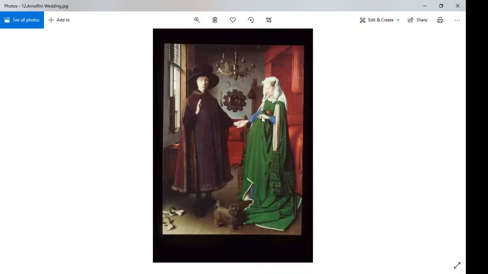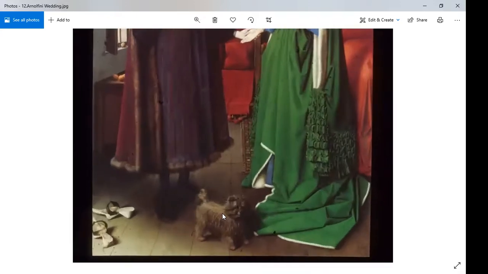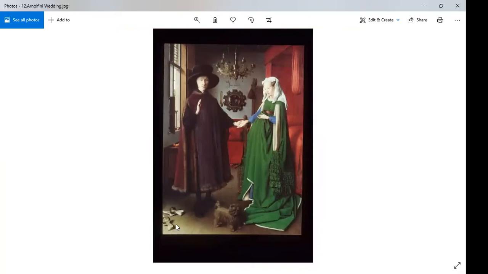The last part of the meaning is maybe the most interesting. The dog, I'll just tell you, symbolizes fidelity, meaning they will remain faithful to each other during their marriage. The shoes, look, those are her shoes. They're wooden, of course. They're in Belgium, where people used to wear wooden shoes, and they don't much anymore, but Holland and Belgium, right?